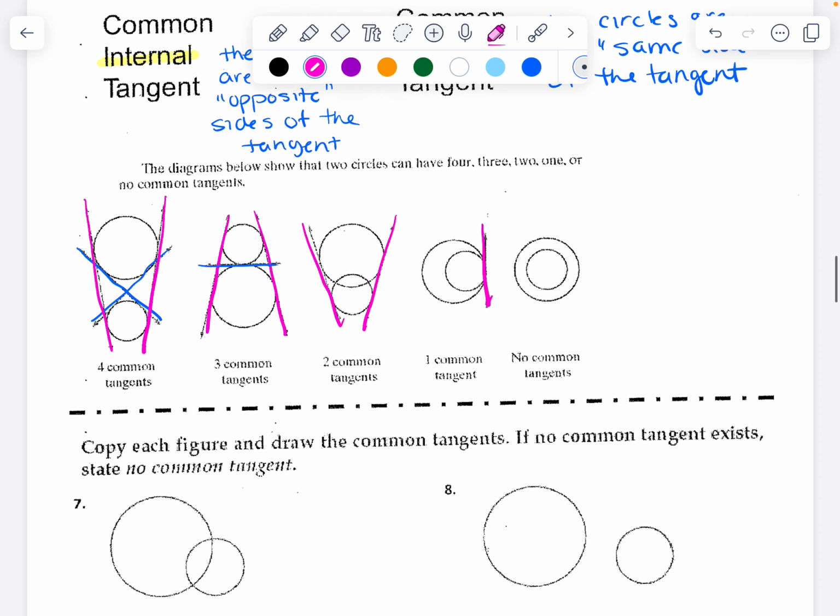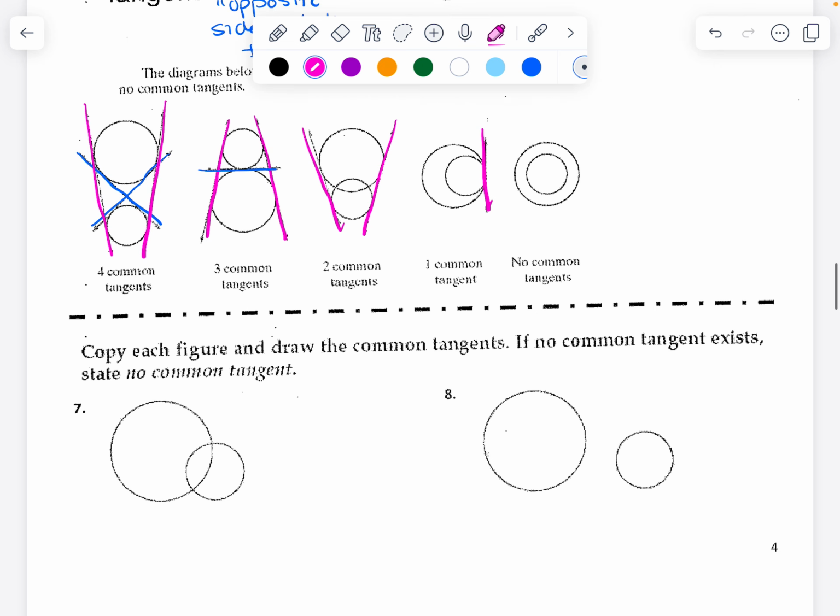So those are just the two different kinds of tangents that you can see when you have common tangents on two different circles. So for number 7, we would have two external tangents because they do not go in between the two circles. So we have two external common tangents.